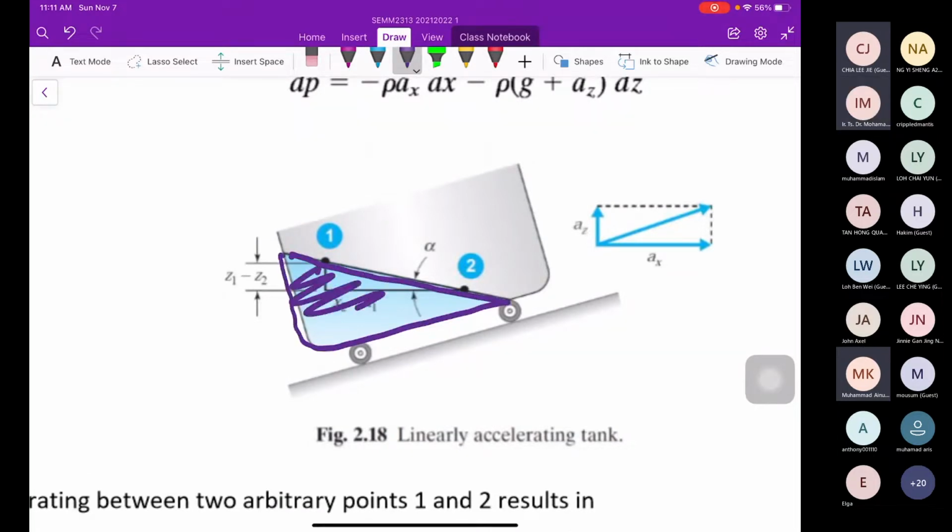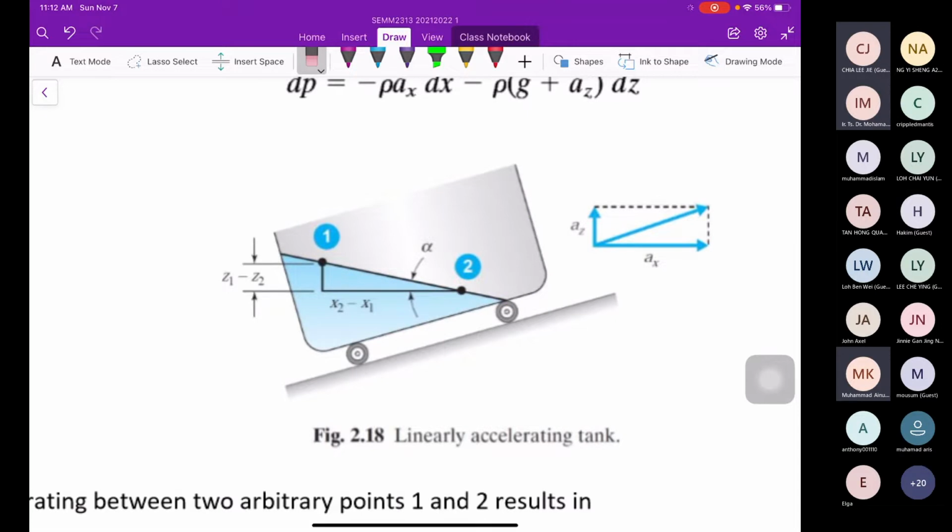We are referring to this one. We don't care about all this other thing. We care about the fluid, because our reference frame now is this bucket. This bucket here is our reference frame. That means our home.